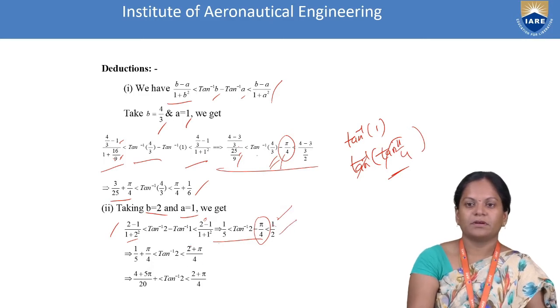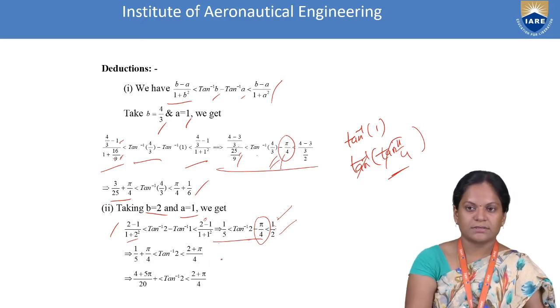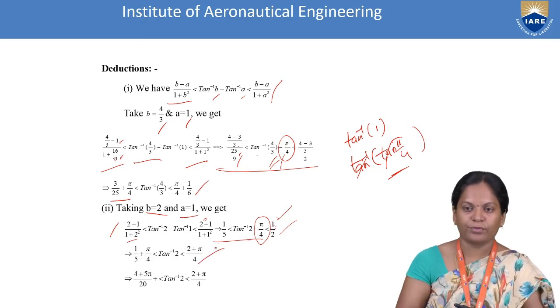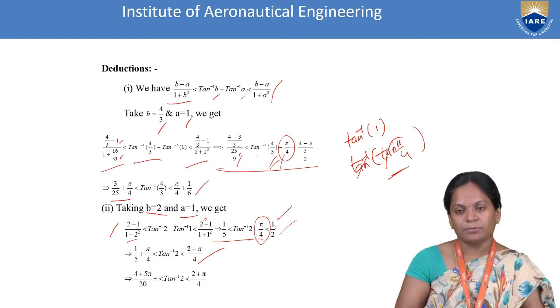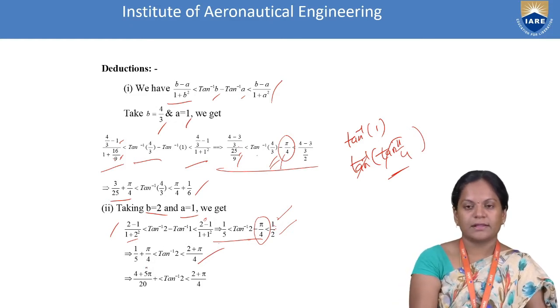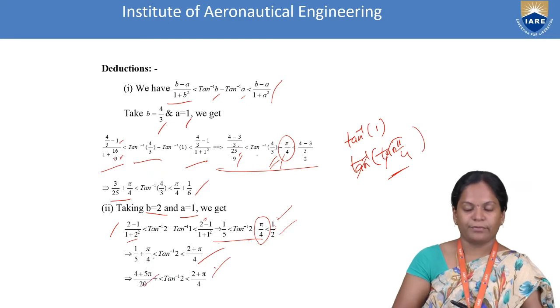Simplify that, adding pi by 4 to both sides: 1 by 5 plus pi by 4 less than tan inverse of 2 less than 1 by 2 plus pi by 4. Or we can take one more step, taking the LCM: 4 plus 5 pi by 20, less than tan inverse of 2, less than 2 plus pi by 4.